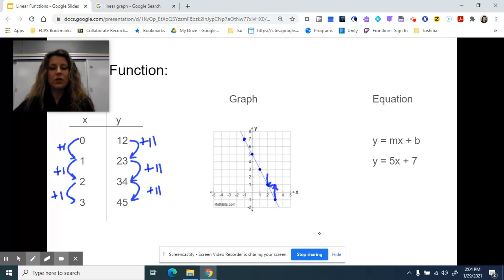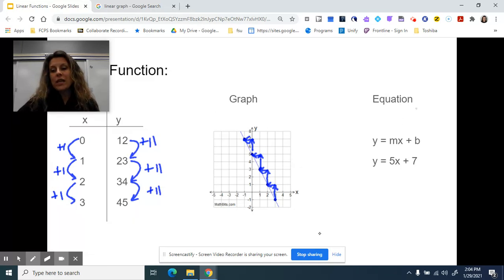Again, up 2 and over 1 gets me to the next point, then up 2 and over 1, and up 2 and over 1. So yes, this is a linear function because the graph is a line, and it has that common slope.